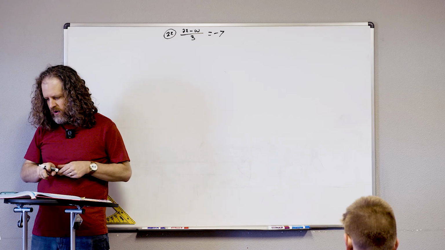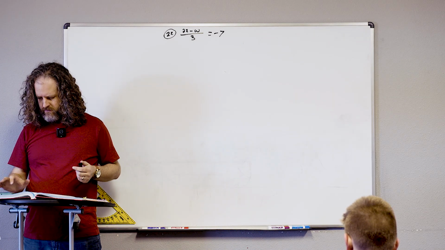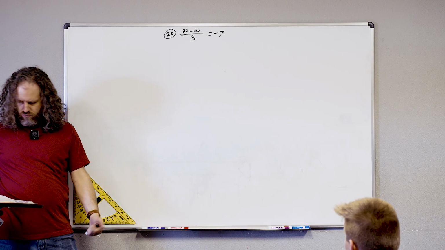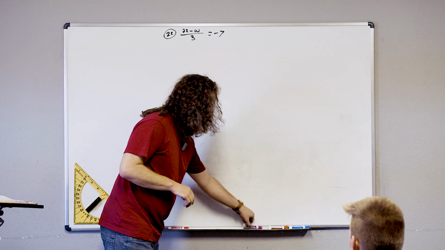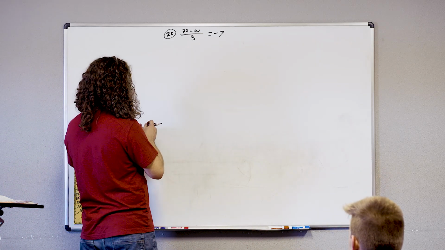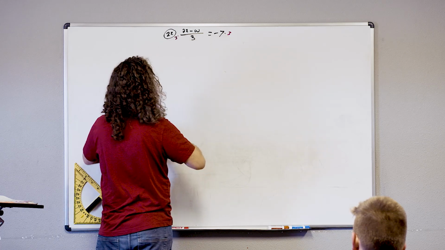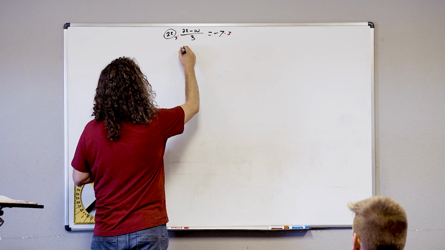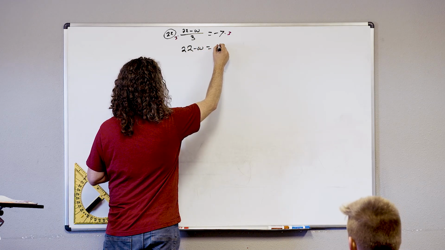So, what should we get rid of first? Yeah, I think that sounds good. How do we get rid of it? Multiply 3 on both sides. What's 3 times negative 7? Negative 21.